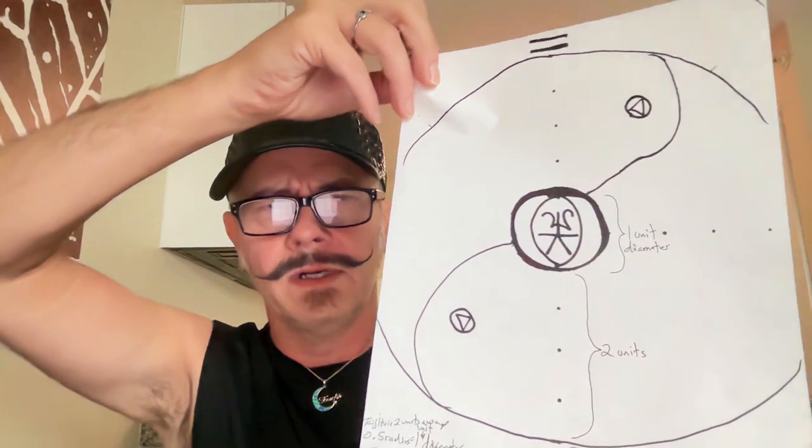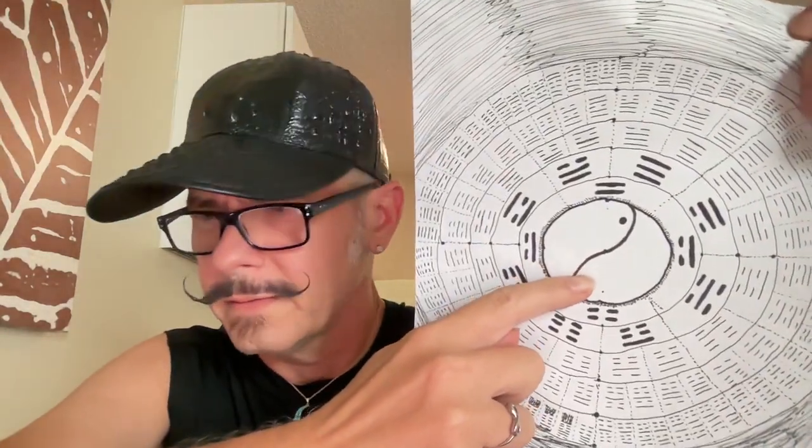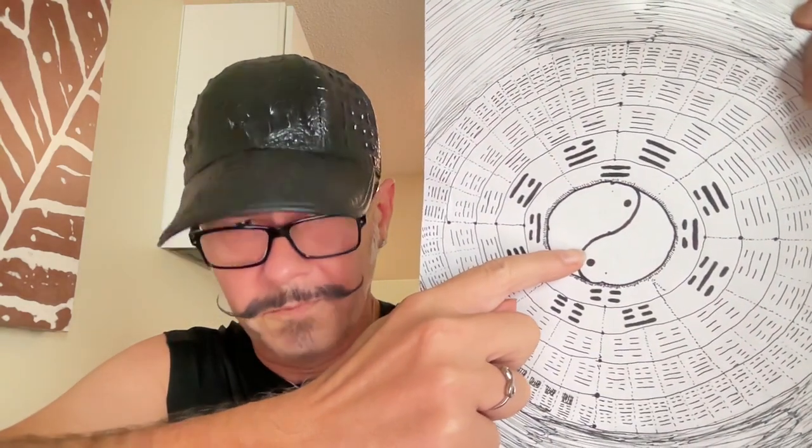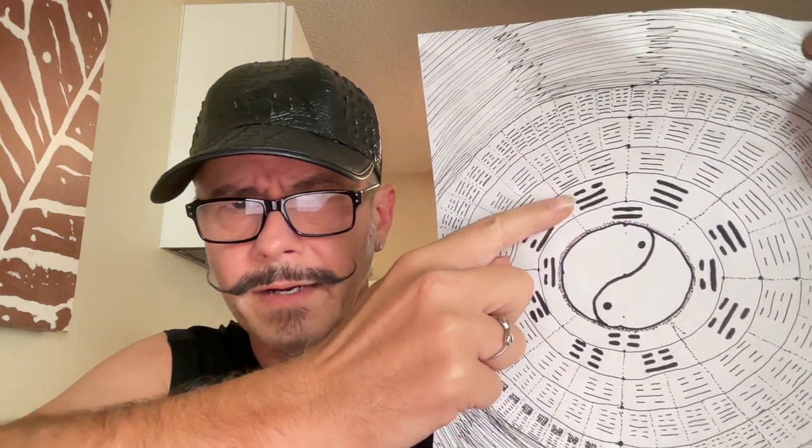So let me see here. We can get a pretty exact measure. It's right here. You see here? So this should be 5 units, and then each outer level should be 1 unit right here.